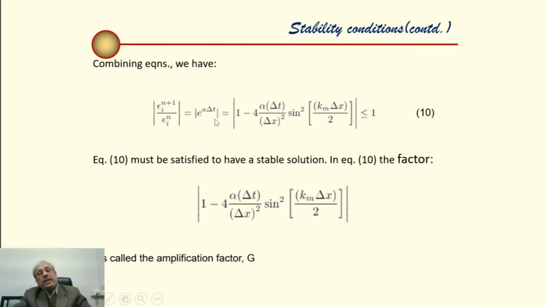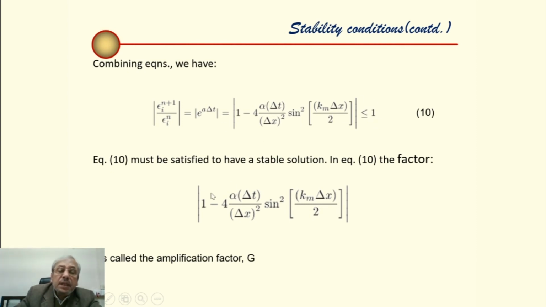In the worst case it can stay at the same level, but it has to decrease for convergence. So the condition is that this is less than equal to 1.